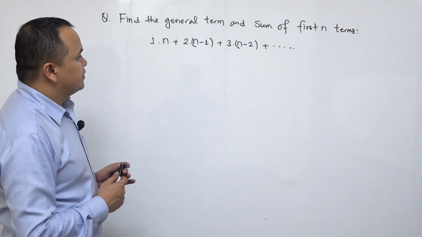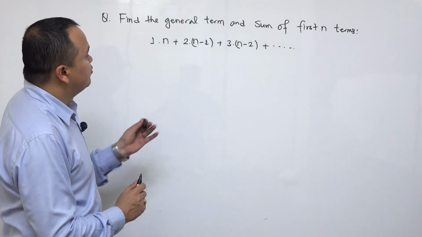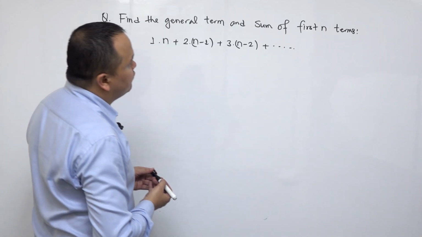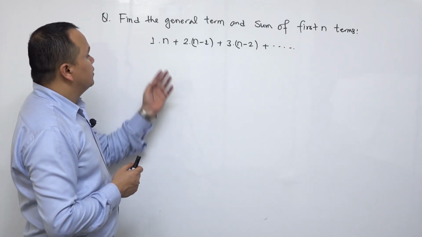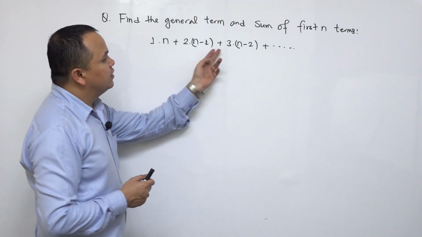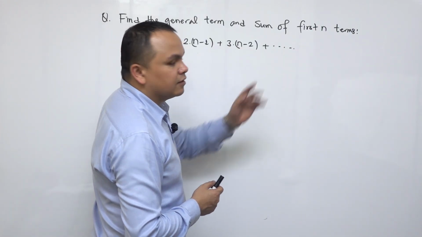Okay, we have another example, which is a very important question. Find the general term and sum of first n terms of 1 into n plus 2 into n minus 1 plus 3 into n minus 2 plus dot dot dot.